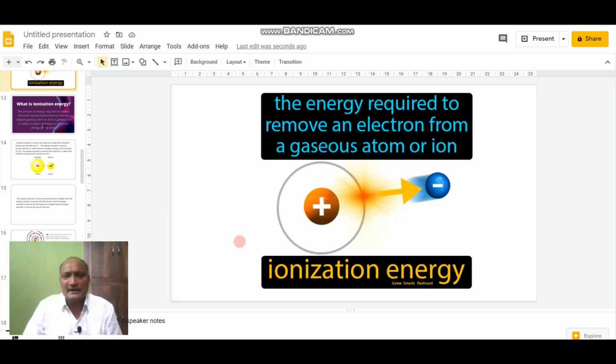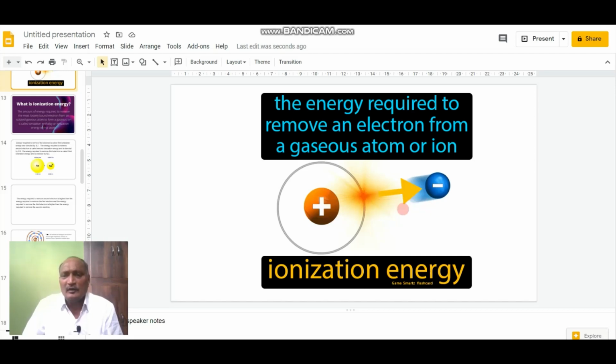It is better to take an atom having very few electrons in the outermost orbital. The amount of energy required to remove the valence shell electron completely away from an atom.